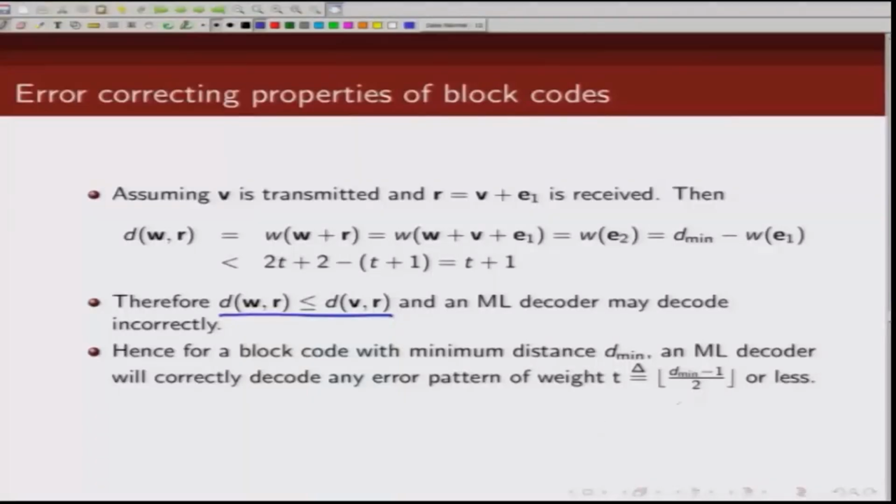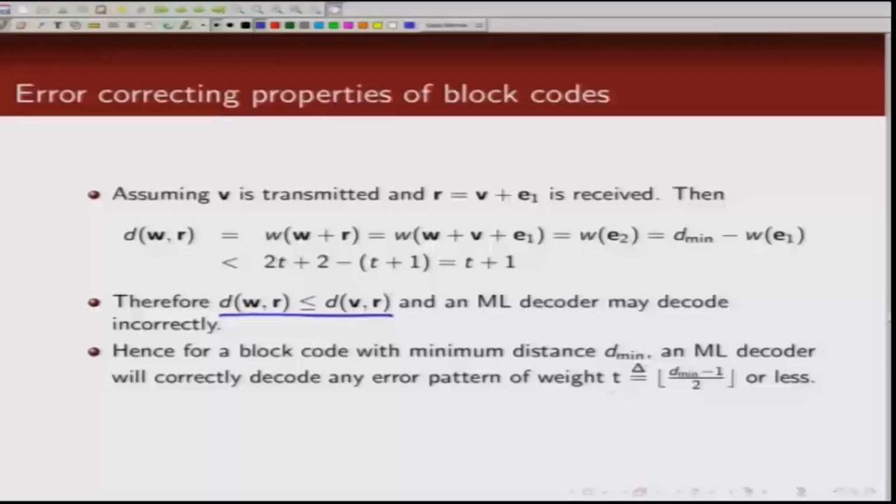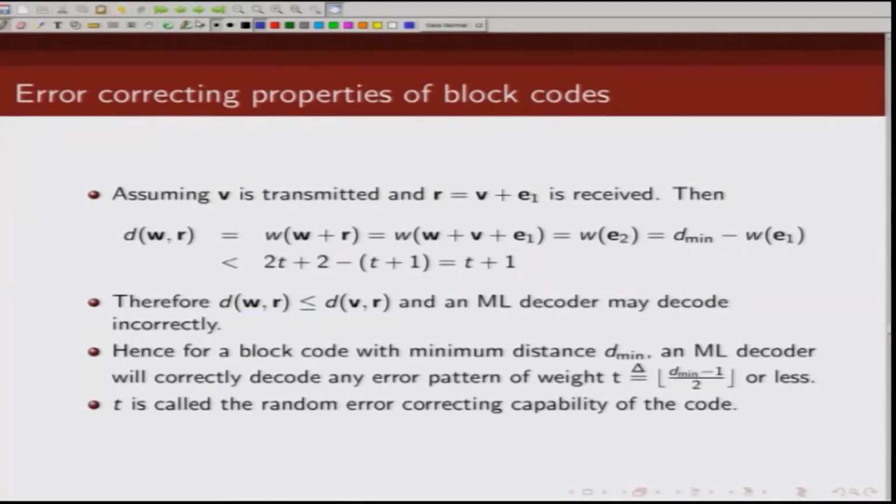So, from this and the previous result we can conclude that if we have a block code with minimum distance d min, which satisfies the relationship that d min lies between 2t plus 1 and 2t plus 2, then this linear block code should be able to correct all error patterns up to weight t, where t is given by this. So, this t is known as random error correcting capability of the linear block code.